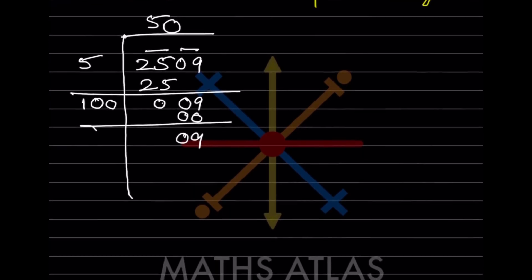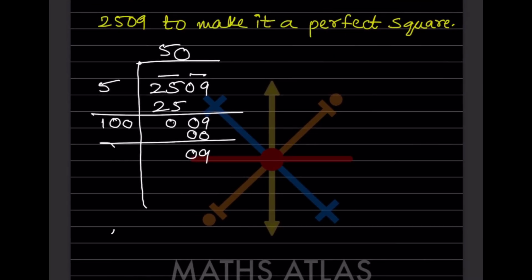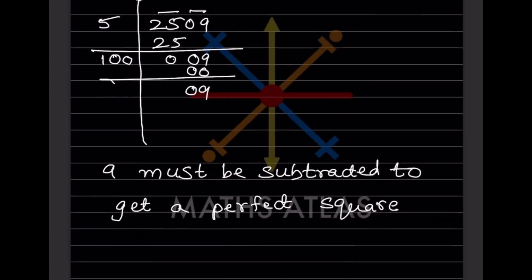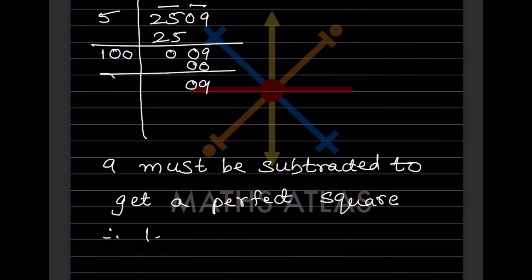So we can write here 9 must be subtracted to get a perfect square. They have asked what is the least number. Therefore, the least number to be subtracted is 9.